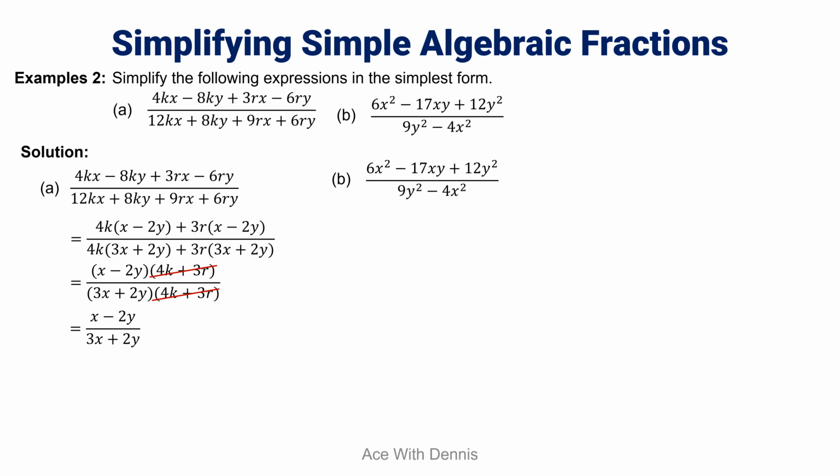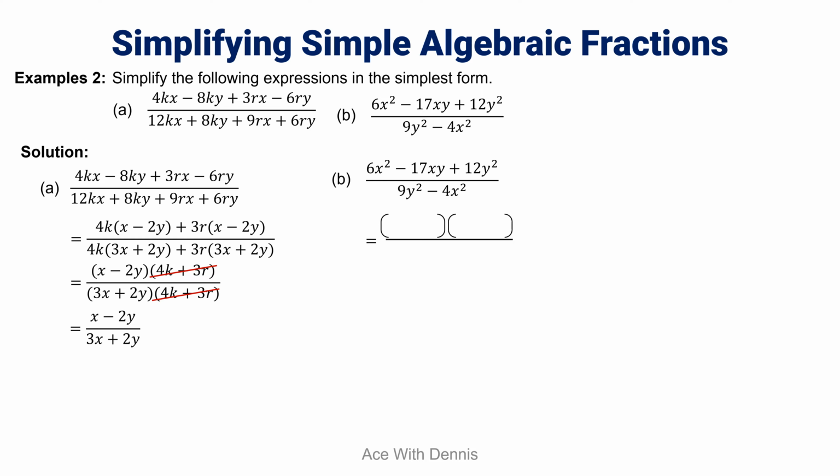For B, we'll have to factorize both the numerator and the denominator. We have learned factorization of quadratic expressions, so let's factorize the numerator. There are 4 methods we can use to factorize, as we have learned in the previous lesson. From here, I would like to use the double bracket method because we can factorize it easier and faster.